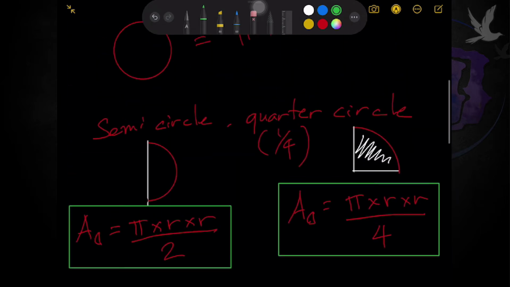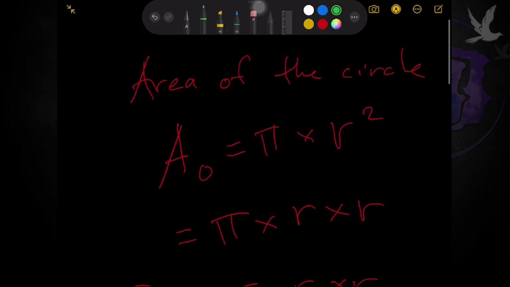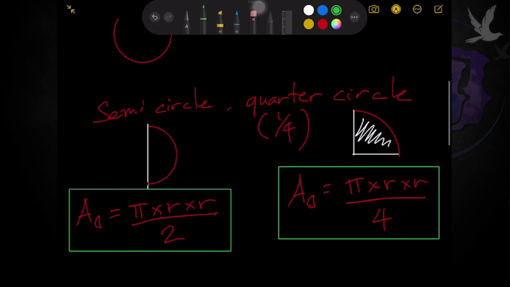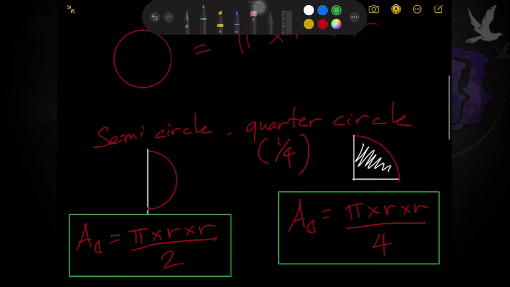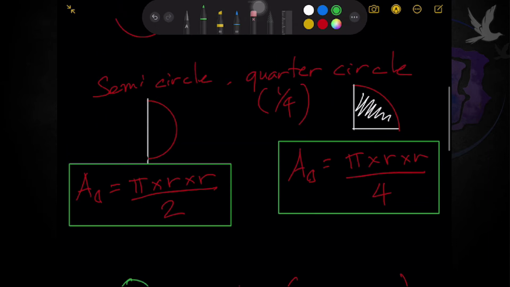So, ibig sabihin, again, if you are to solve a semicircle, area to ha, we are referring to area. Solving for the area of a semicircle, you just take the original formula of area of a circle, which is pi times r squared divided by 2. Pag quarter circle naman, okay, let me just replace that kasi iba yung drawing ko.